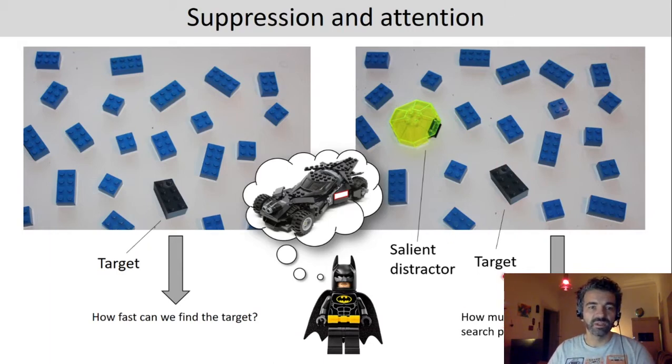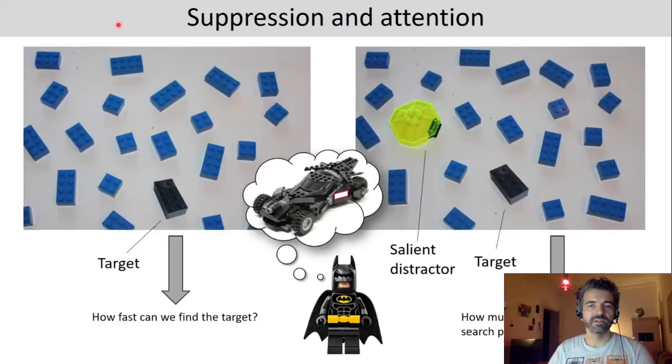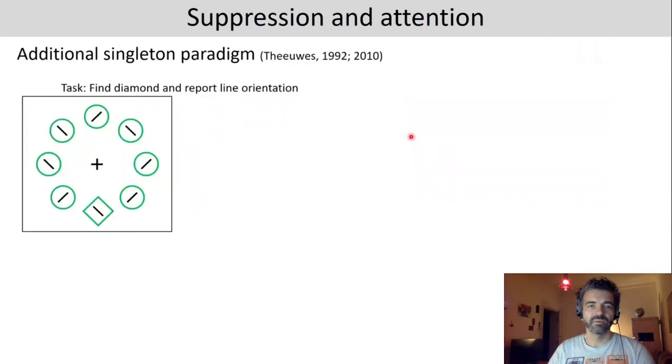So again, this is a real-world example, more or less. In the lab, we work with much more abstract geometric shapes, and the competition between such irrelevant salient items and less salient but relevant items, like this black Lego brick here, was simulated in the so-called additional singleton paradigm that was developed by Jan Theeuwes.